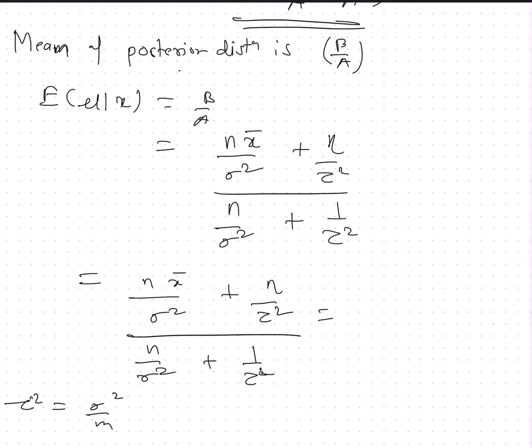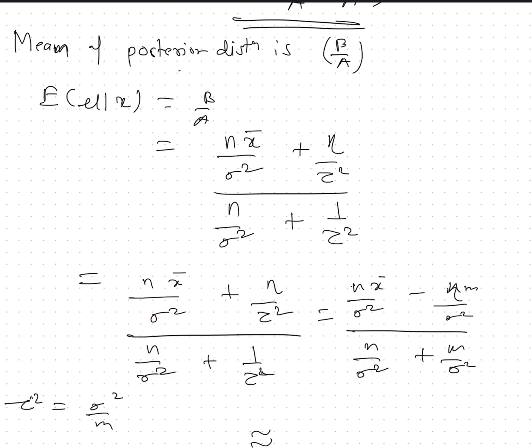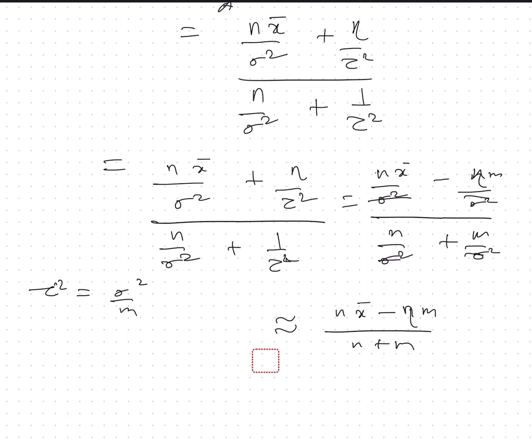So we can write it like this: n x bar upon sigma square plus mu into m upon sigma square, upon n upon sigma square plus m upon sigma square. If you solve this, all sigma square will be gone, and it will be m mu plus n x bar, upon n plus m.